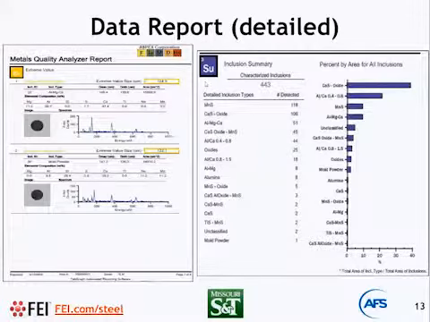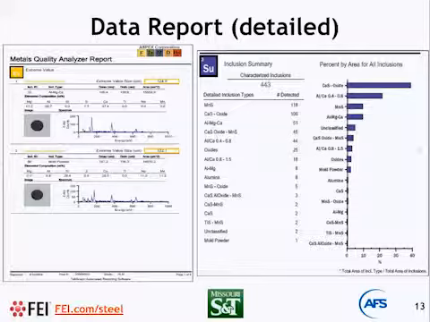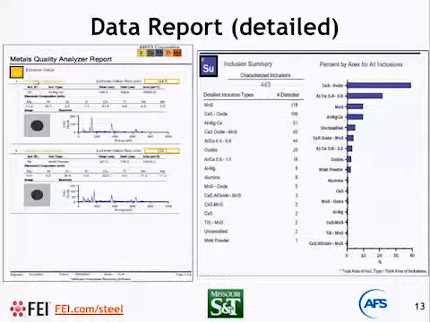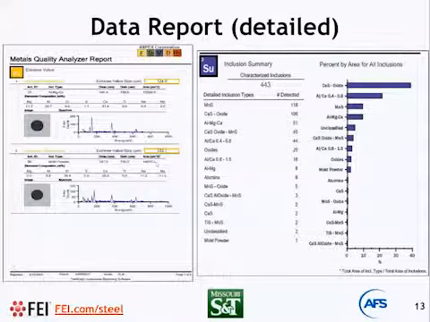Okay, so here we show some more detailed reports. Again, these reports can be customized based on the specific application needs. On the left side, it shows what we call an extreme value report. What this report does is, based on the user's preference, you can generate a report by highlighting the largest 10 or 20 or 50 inclusions, or based on your own defined criteria.